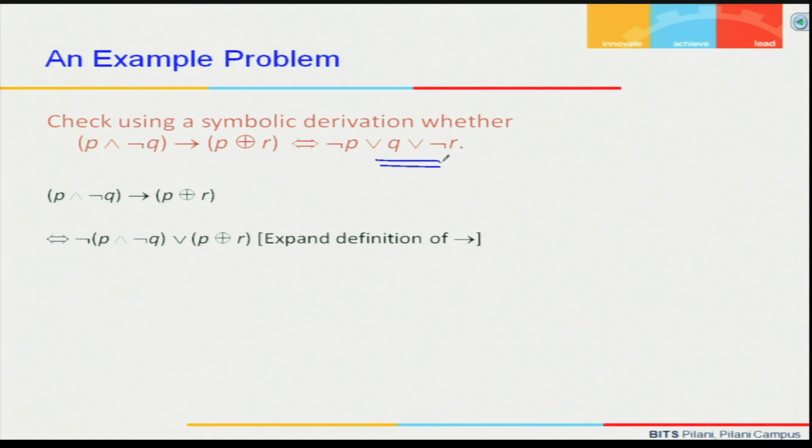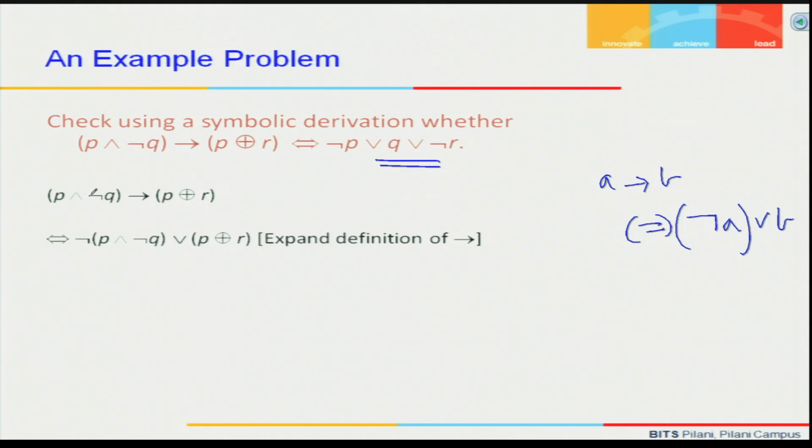We have seen that one of the laws is that A implies B is logically equivalent to not A or B, isn't it? This is one law that we have seen.